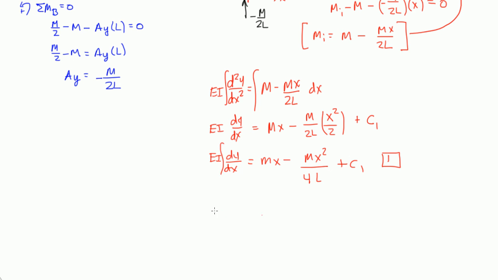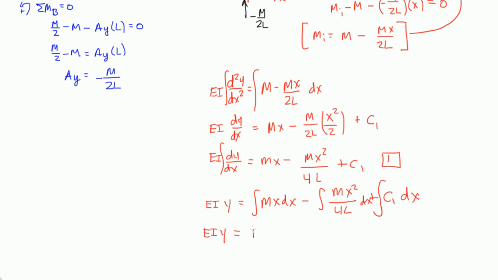If we integrate all of this, we get EI times y is equal to the integral of Mx dx minus the integral of Mx squared over 4L dx, plus the integral of C1 dx. So we get EI y is equal to M times x squared over 2 minus M over 4L times x cubed over 3, since M over 4L is just a constant, plus C1x.